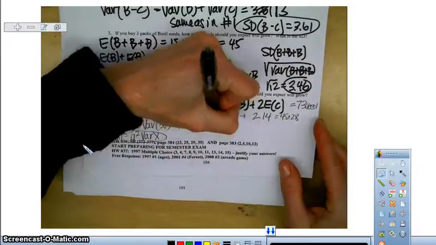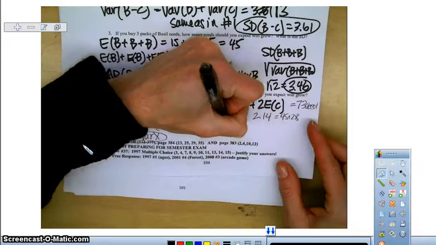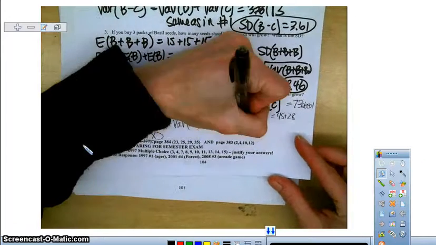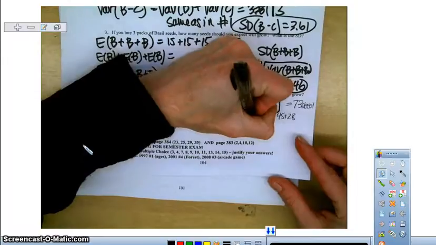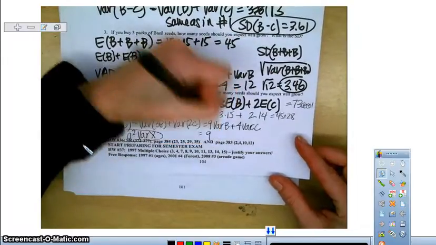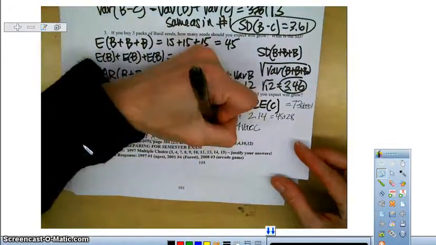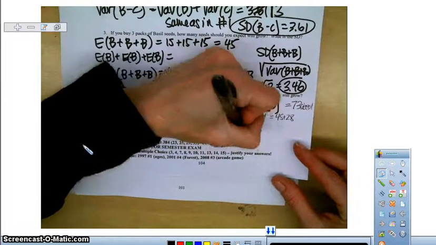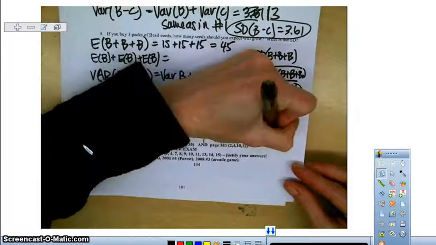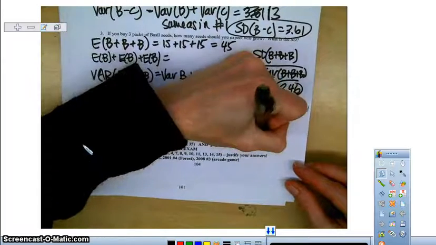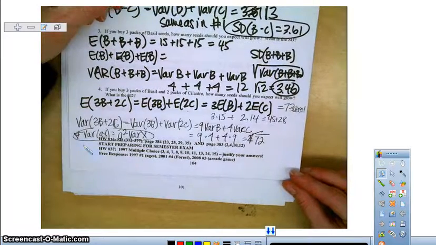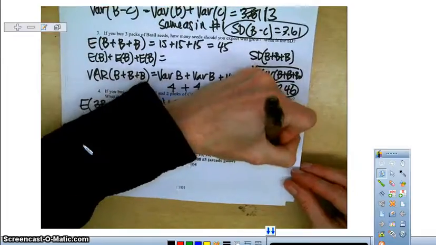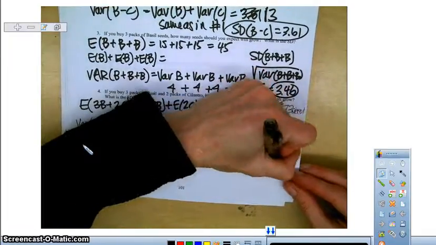Square it. So this is going to be 9 times the variance of b plus 4 times the variance of c. What was the variance of b? Basil, 4. And the variance of c? 9. So that gives us 72. And then the standard deviation of 3b plus 2c is the square root of 72.